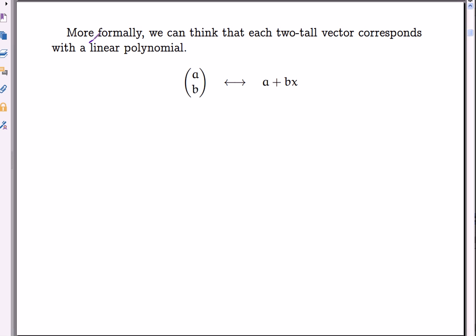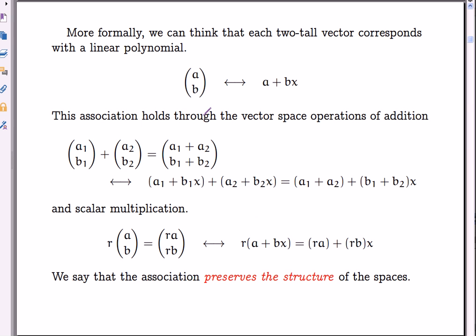Okay. So more formally, we can think of each vector in R2 corresponding to a linear polynomial, and this defines a mapping. The vector (a, b) in R2 corresponds to a plus bx, which is a polynomial in P1. All right, this association holds through the vector space operations of addition.